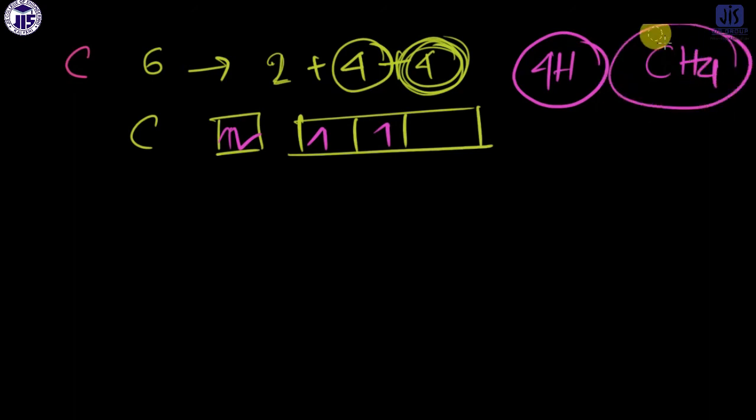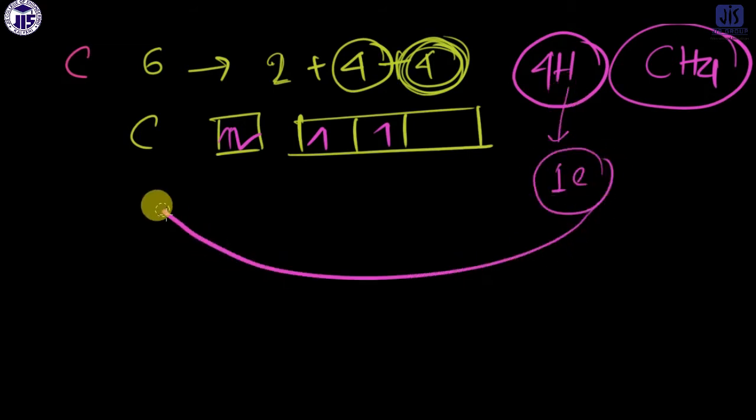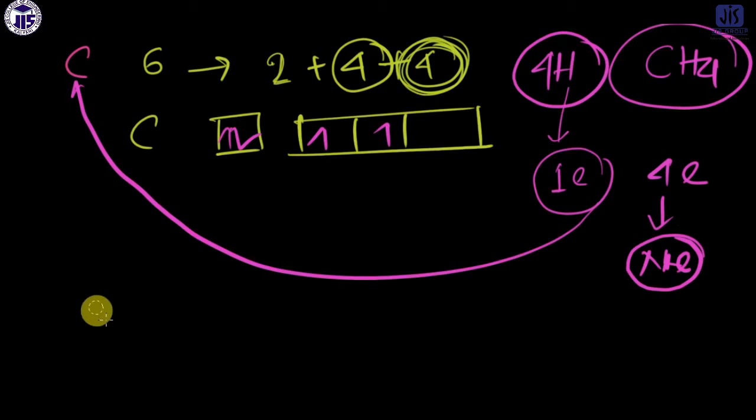If you think about the 4 hydrogens, then if each and every hydrogen shares one electron, then overall carbon will get the 4 electrons. That means carbon will get the configuration of the neon, that is the nearest inert gas electronic configuration. Okay, so that means 4 hydrogens should share each and every electron here.